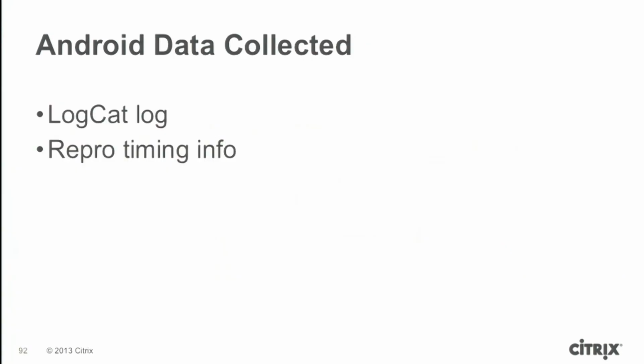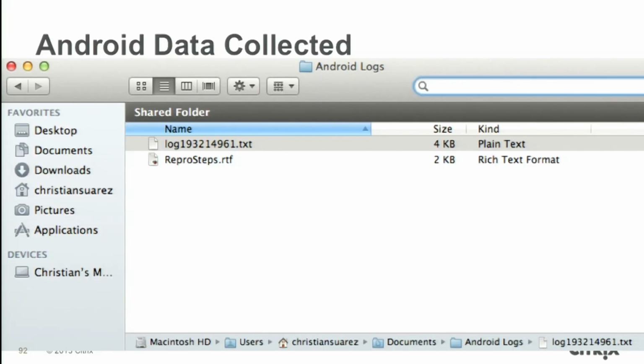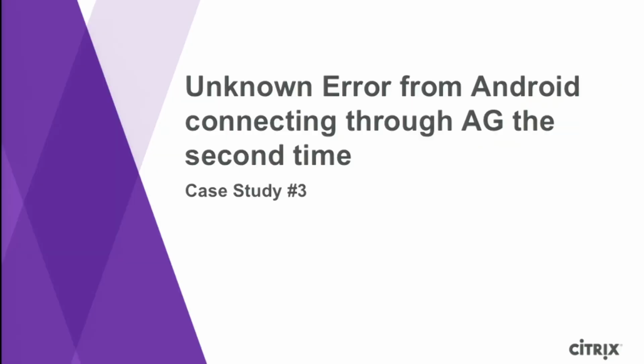So data collected for this section, the receiver for Android: of course, you have the Logcat log, and again, the repro steps with the timing is great, and the stack trace is included in that log if there happens to be a crash.